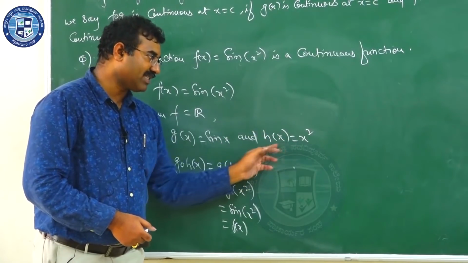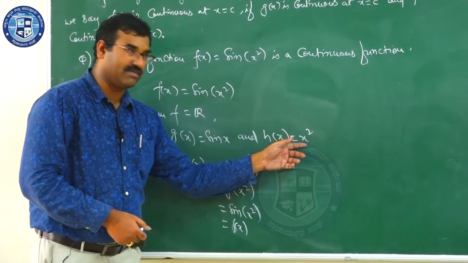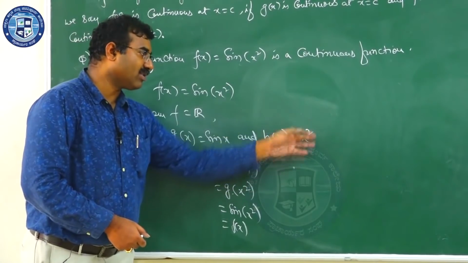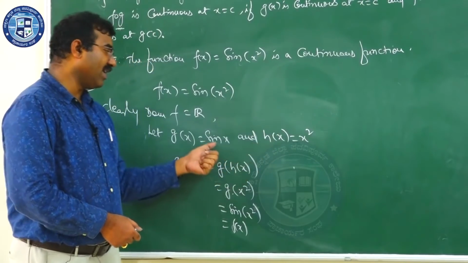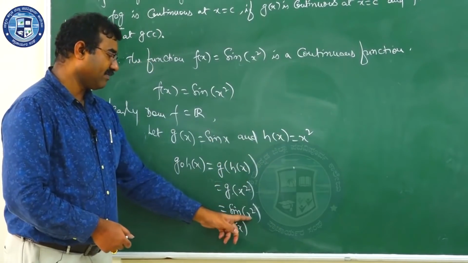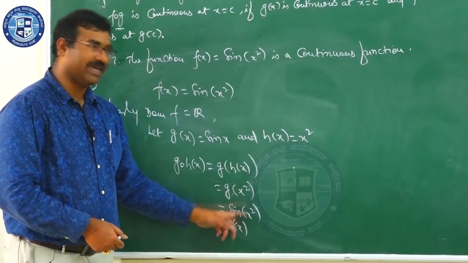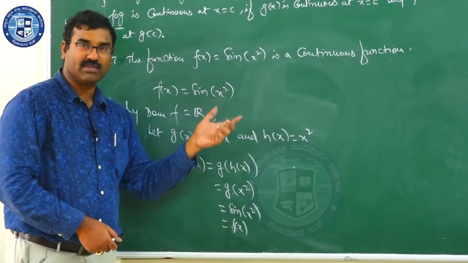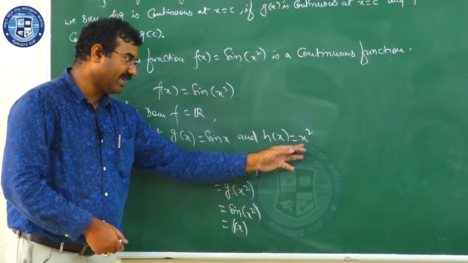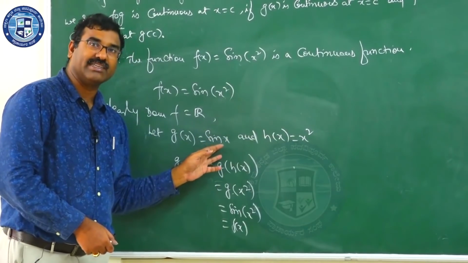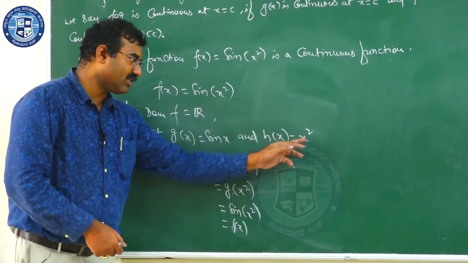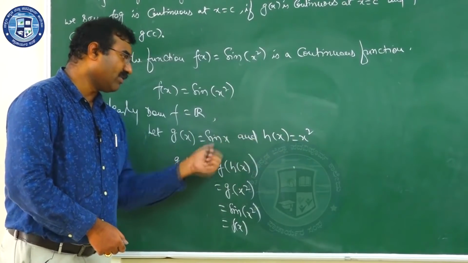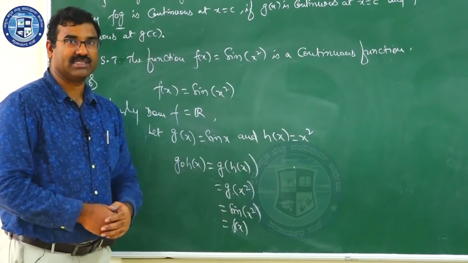Then, sin x is also continuous throughout the real number system. We proved polynomial is continuous and sin x is continuous. Therefore, the composition of these two functions is also continuous.